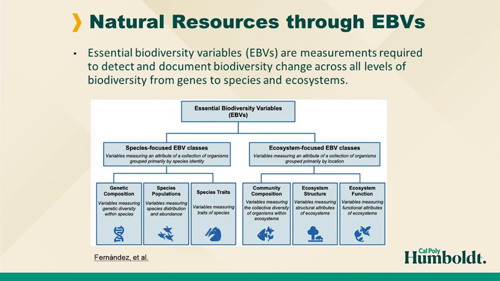So these are things that are listed here. We have put things like genetic composition. We also look at species population, species traits, community composition, ecosystem structure, and ecosystem function. So these are some of the things that we can observe from space.